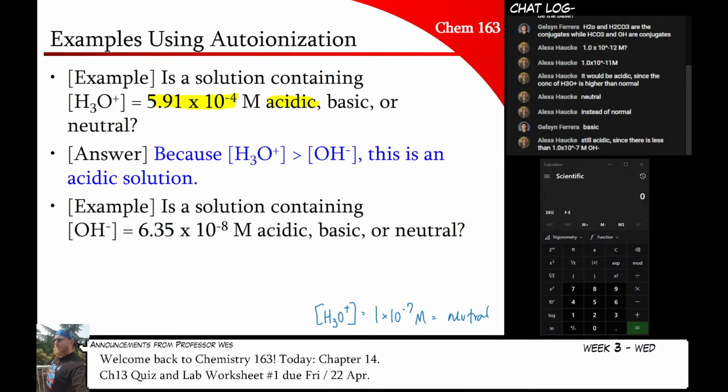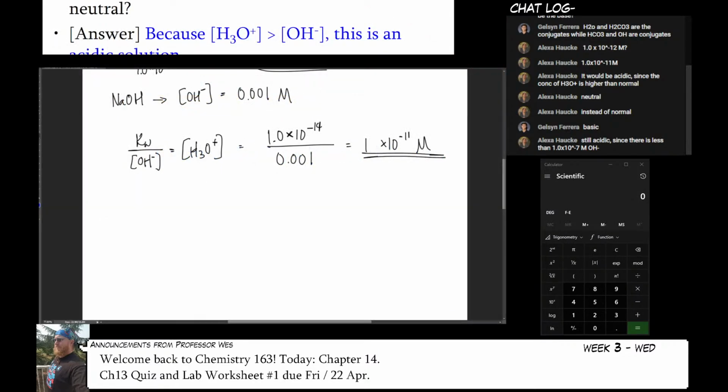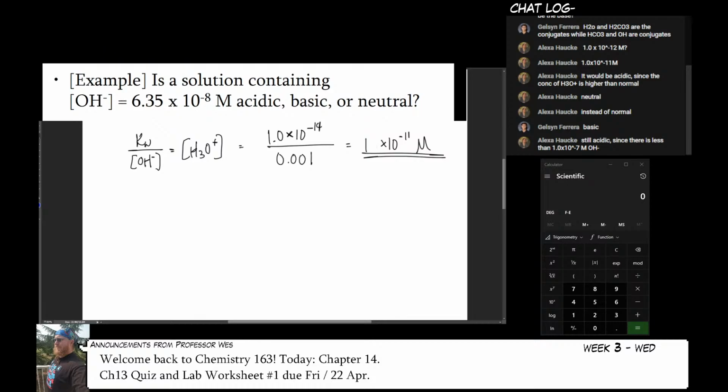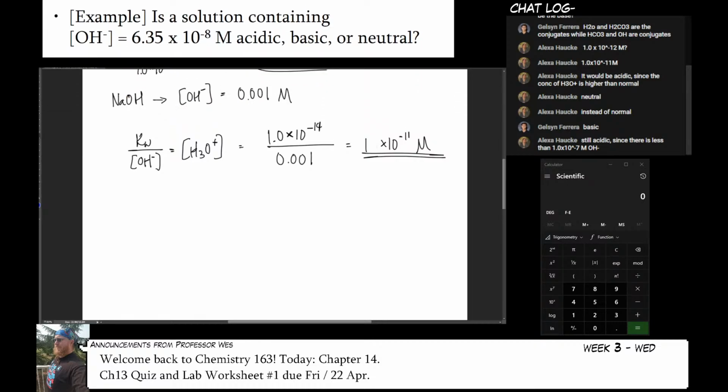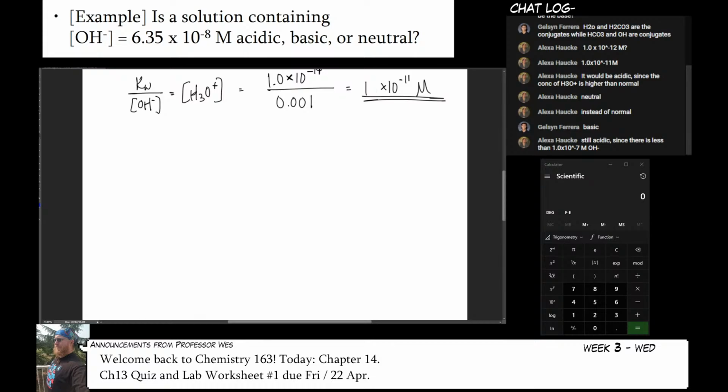Now, to solve this, we're going to do a calculation here. Because we've been referring all of these to the amount of H3O+, but I gave you hydroxide, didn't I? So we're going to have to use the auto-ionization of water. So we got 1.0 times 10 to the minus 14 divided by this.